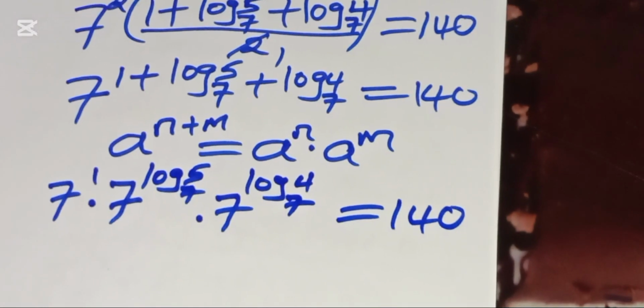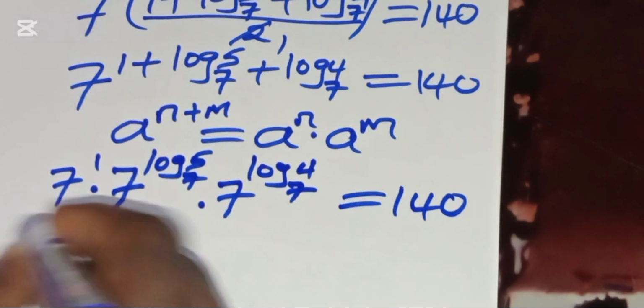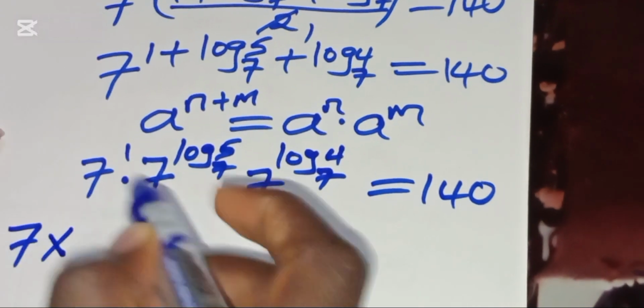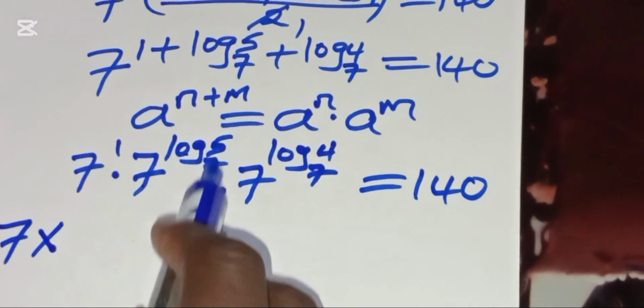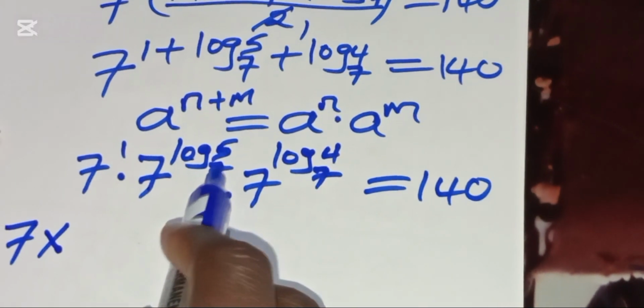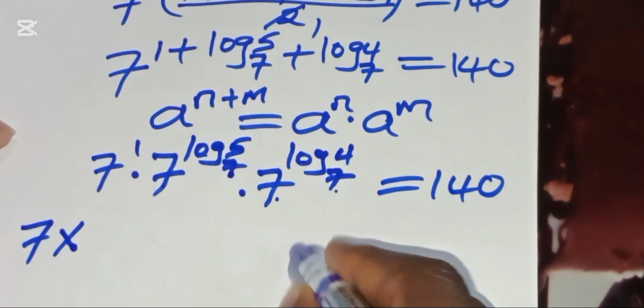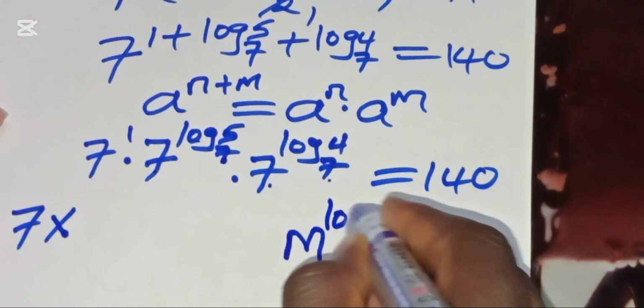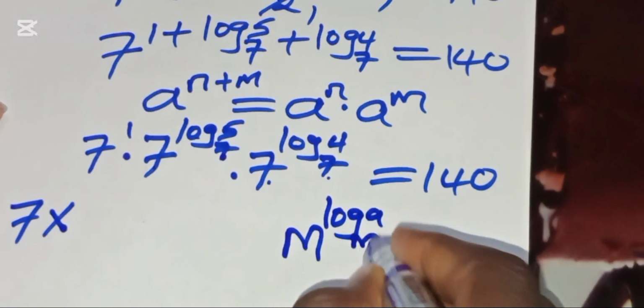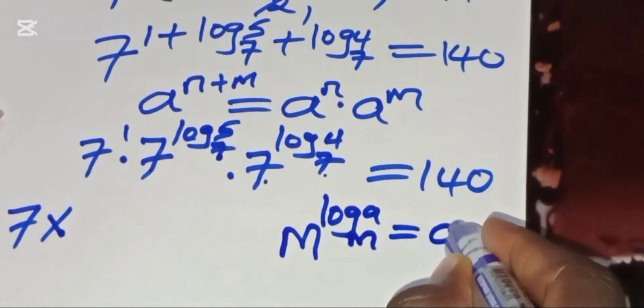Now you find that this is 7 times 7 raised to power log 5 to base 7 and 7 raised to power log 4 to base 7. This is in the form of m raised to power log a to base m, which is actually equal to a.